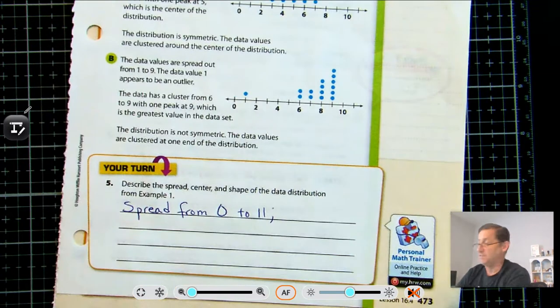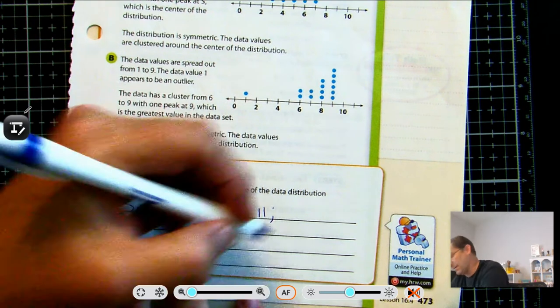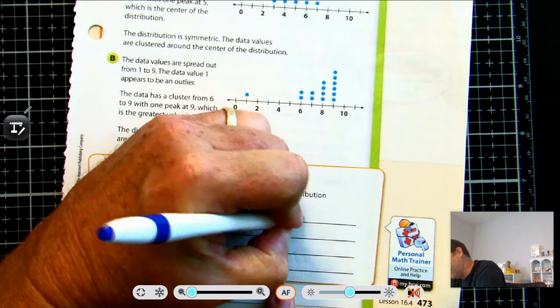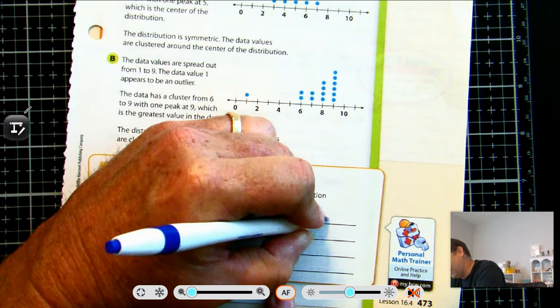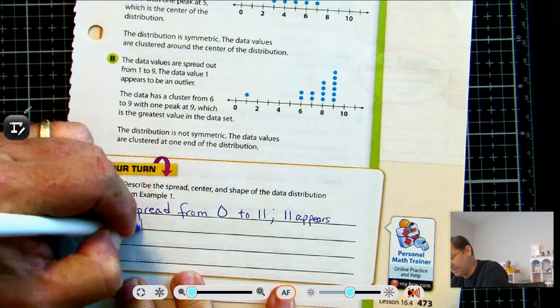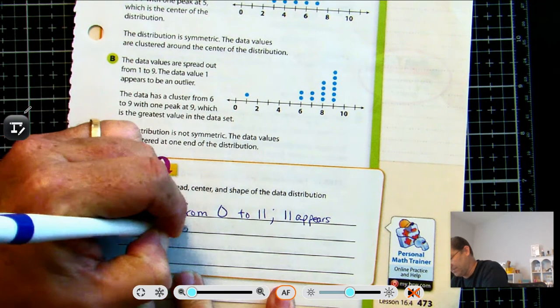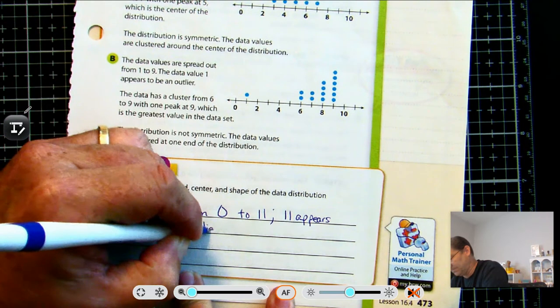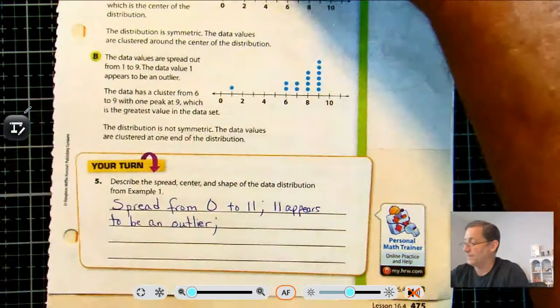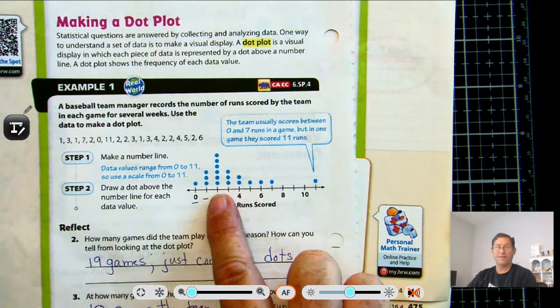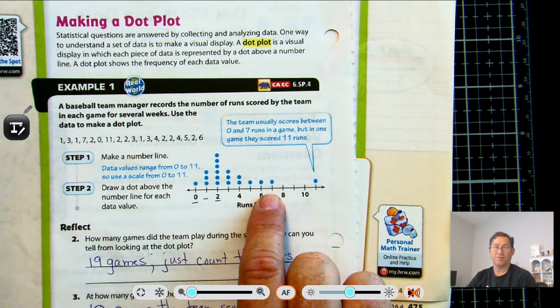Okay, so the spread's from 0 to 11 on example 1. I would say 11 is an outlier, again, because most of the runs are not greater than 7.